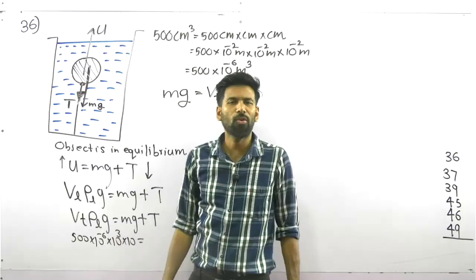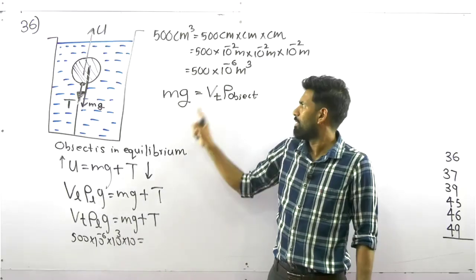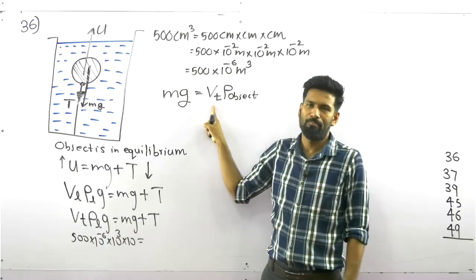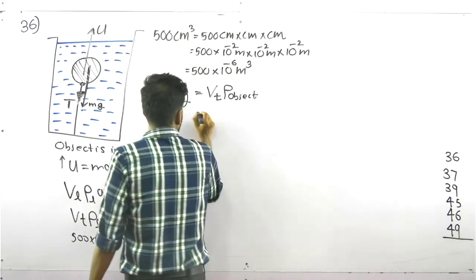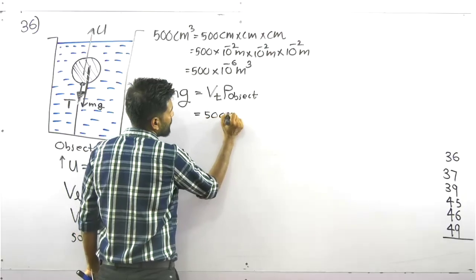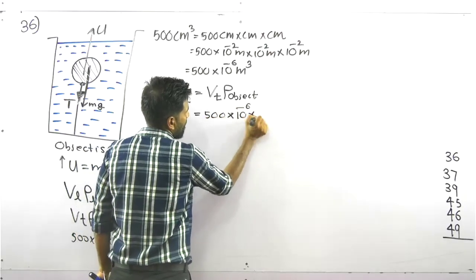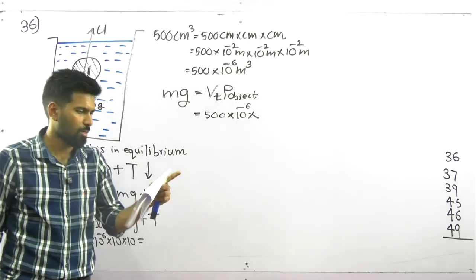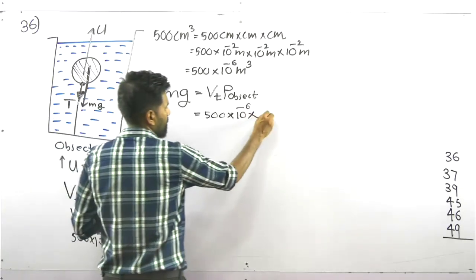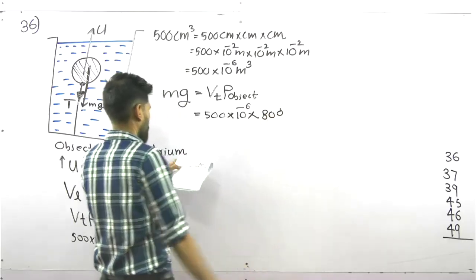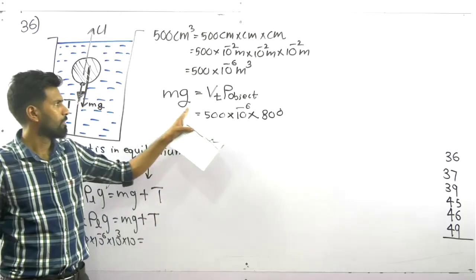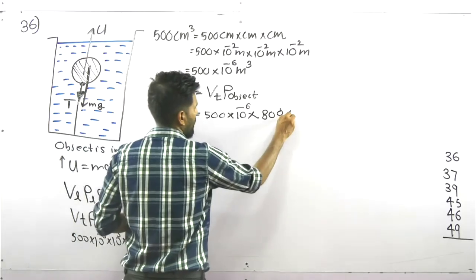Total volume is 500 into 10 to the power minus 6, multiplied by the object density, 800, gives the object mass, and the mass multiplied by 10 gives the weight.